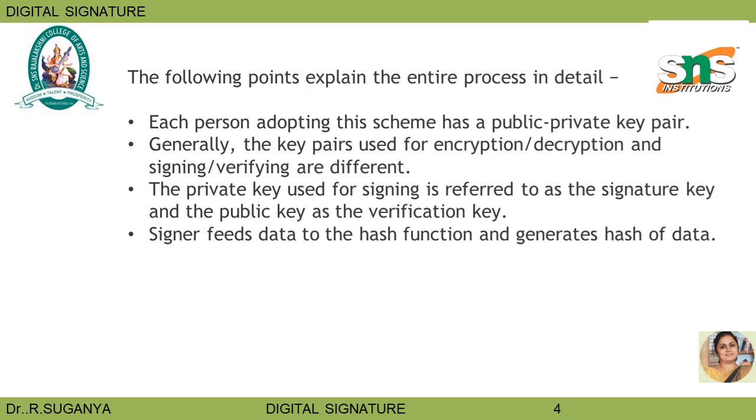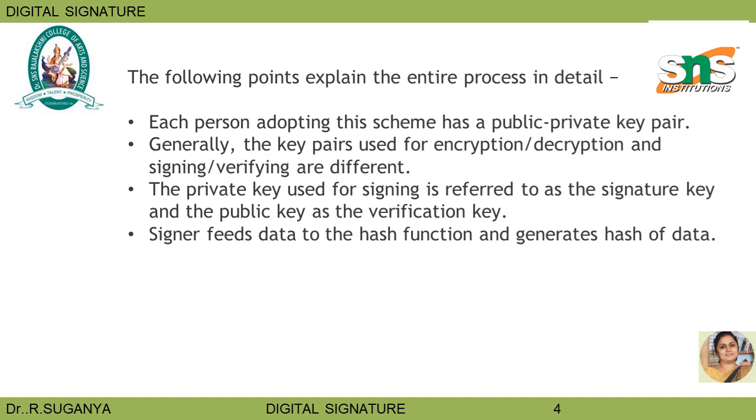So the following points explain the entire process. Each person adopting the scheme has a public and private key pair. Generally, the key pairs used for encryption and decryption, that is signing and verifying, are different. The private key used for signing is referred to as the signature key, and the public key is known as the verification key.